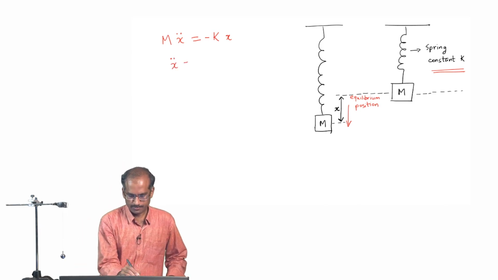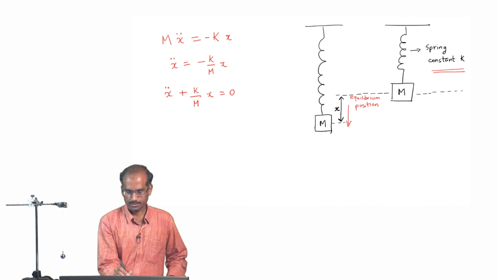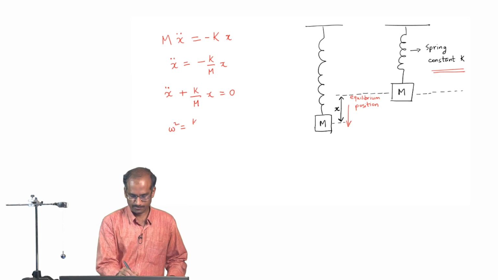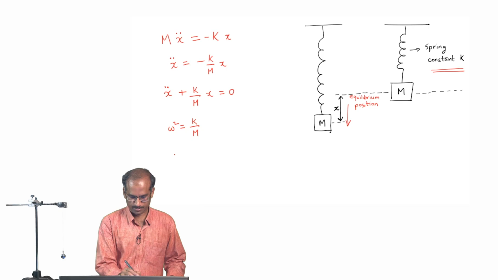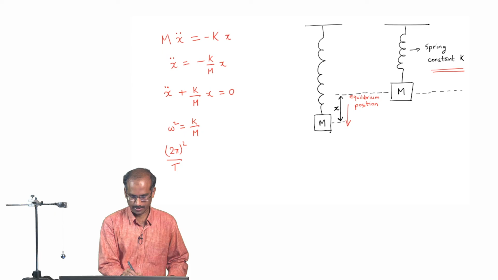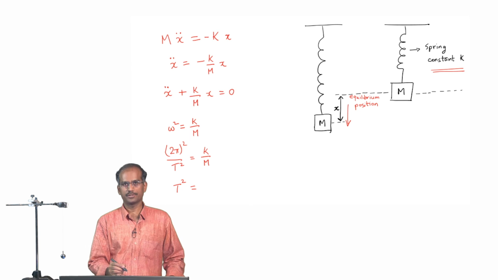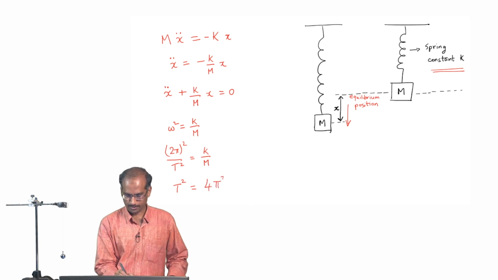Here in this case it is very easy to bring it to the standard form. So, x double dot plus k by m into x is equal to 0. You can see that I can directly write the value of omega square, which is k by m, and I can write an expression for the time period. So, 4 pi square by T square is equal to k by m, T square is equal to 4 pi square into m by k.